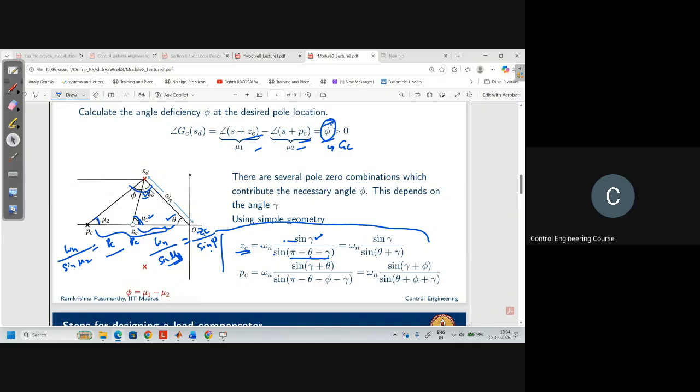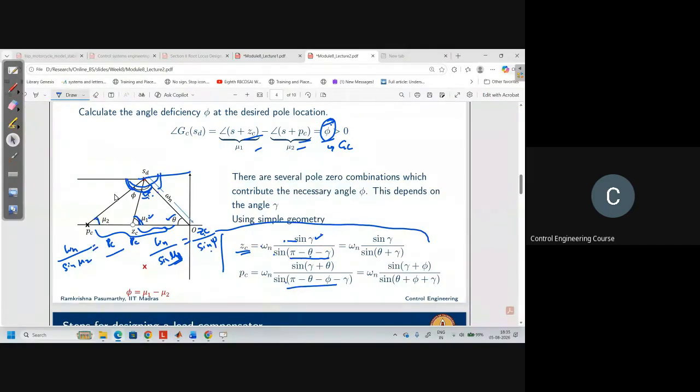That angle will be equal to 180 minus mu2 minus this one, or you can use pi minus theta, anyway. This is the total pi, and subtract this part and this part.